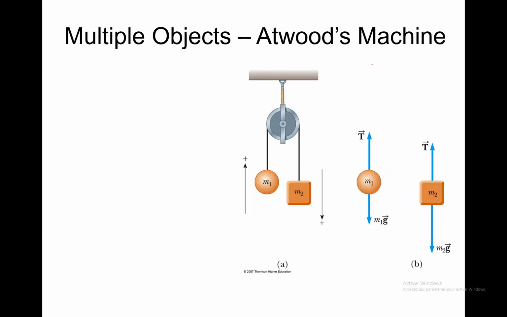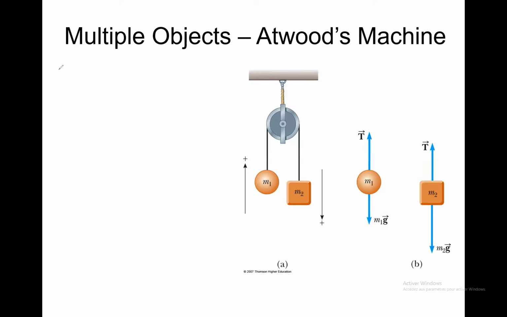Atwood's machine. Here we want to study the motion of a system where we have multiple objects connected by a cord by using one pulley or two pulleys. It depends on the problem.